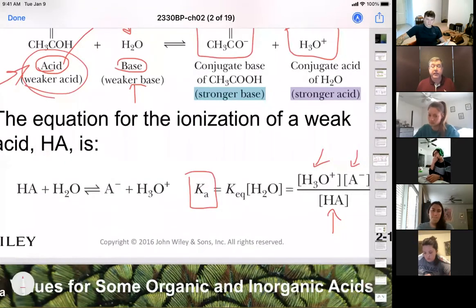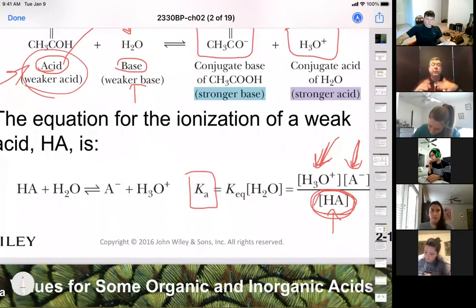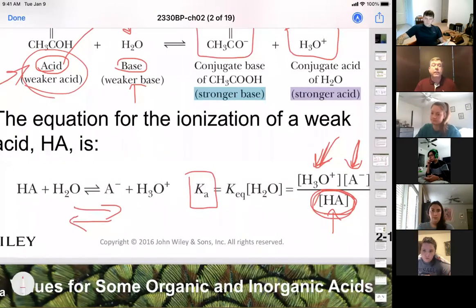Okay. So basically, we're comparing the concentration of the original acid, the conjugate acid, and the conjugate base. By comparing those ratios, they will naturally reach a certain equilibrium, and by measuring them, we know what that equilibrium constant is. When we know what that equilibrium constant is, we know which direction that equilibrium lies.